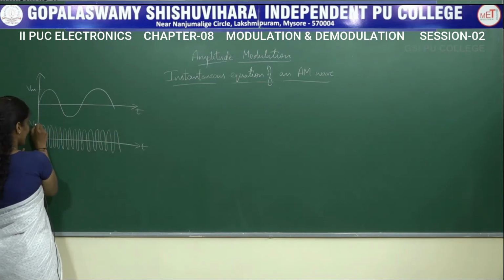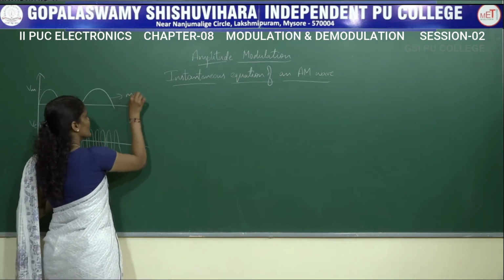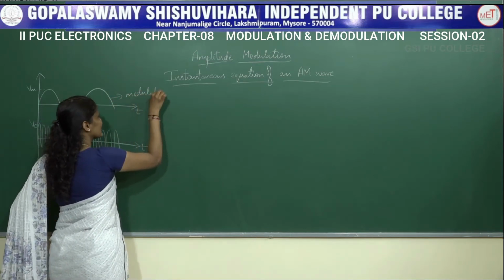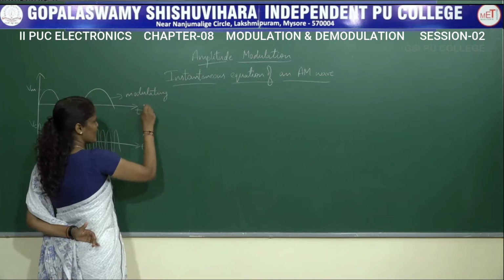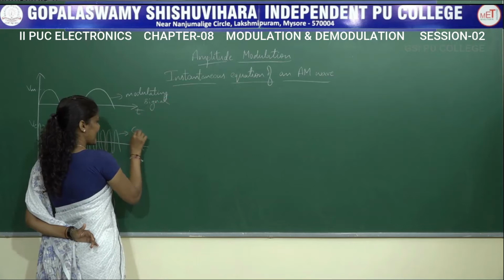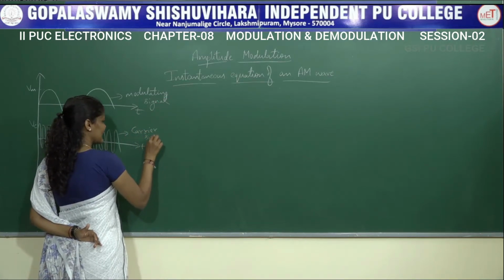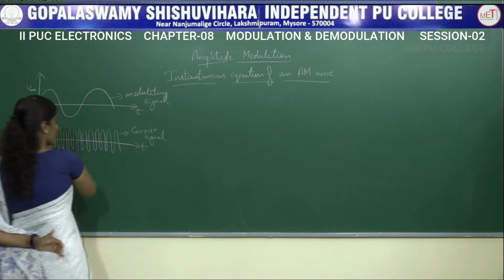Let me denote this amplitude by Vc. So this is a modulating signal, that is the actual signal which is to be transferred from one place to another place, and this is a carrier signal whose frequency is very large and its amplitude is denoted by Vc.